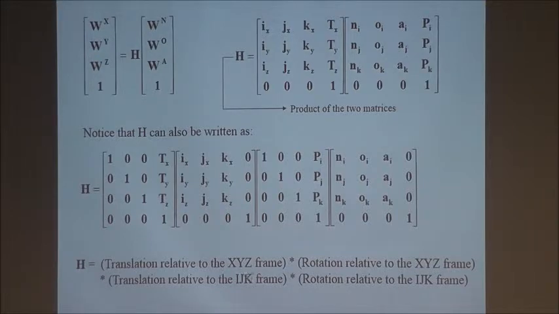Translation relative to XYZ frame, followed by rotation relative to XYZ frame, followed by translation relative to IJK frame, and finally rotation relative to IJK. So basically meaning that you can go like this and then move here and then rotate again and move there. You reach the final place.